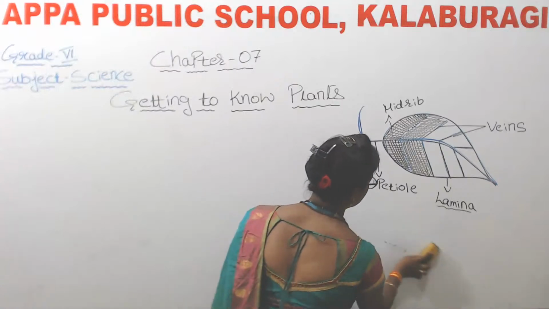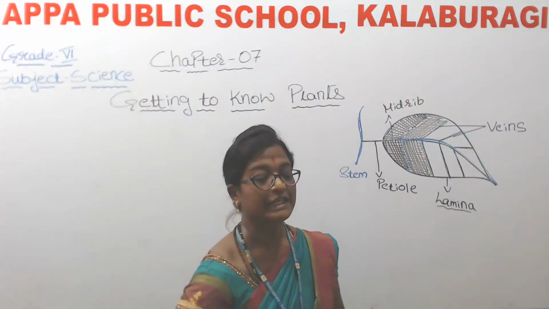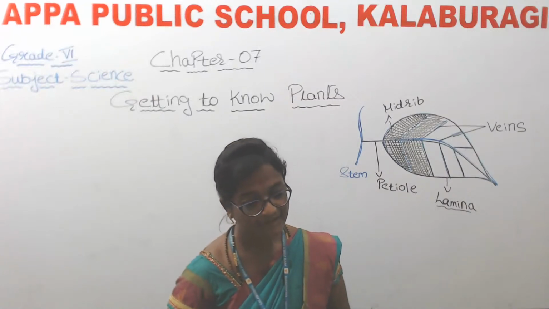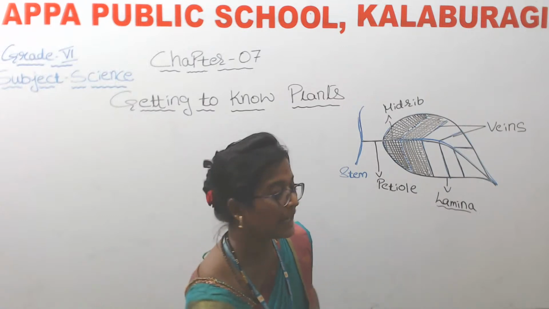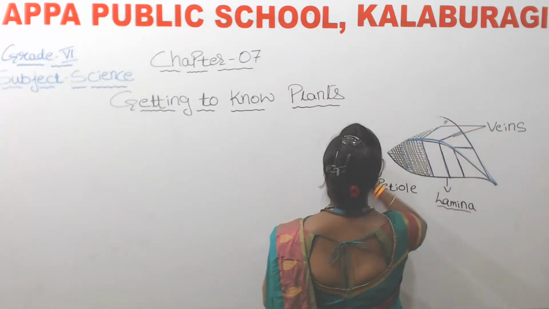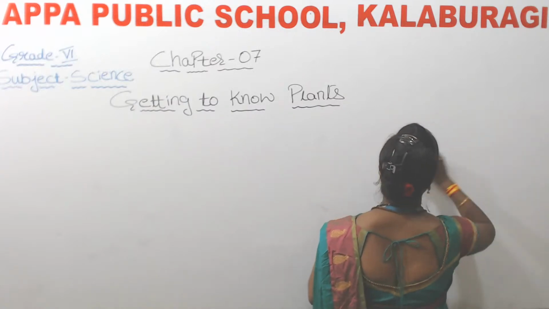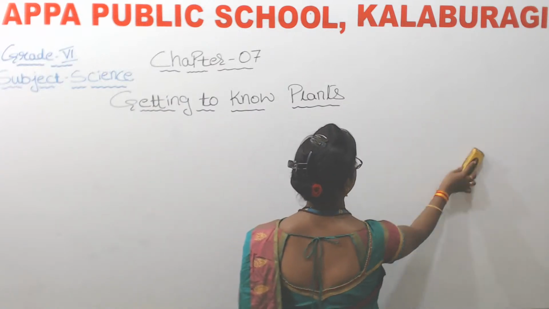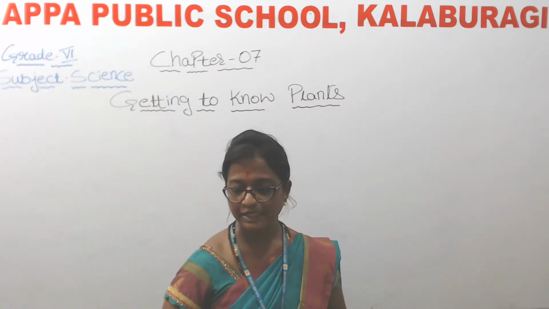When we talk about parallel venation, if the design made by veins on a leaf is parallel to each other, then that venation is known as parallel venation. So this is all about leaves.